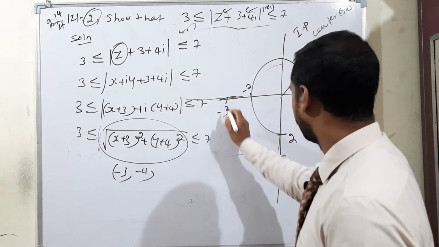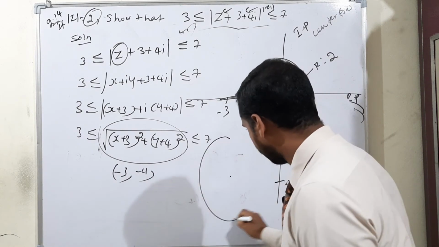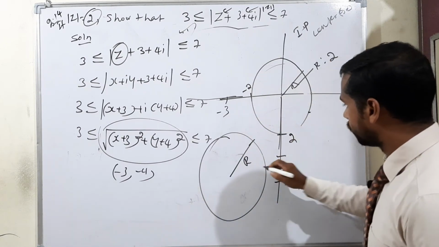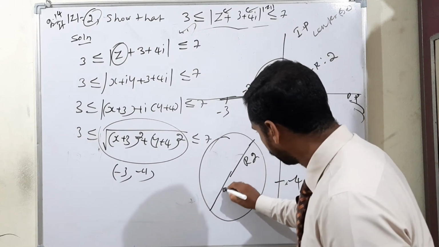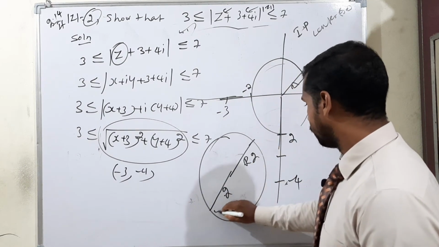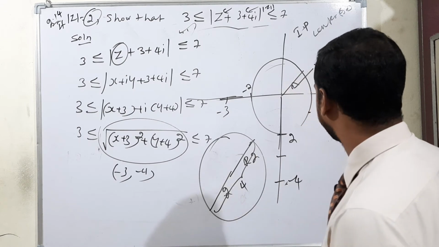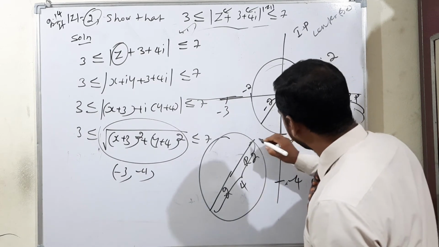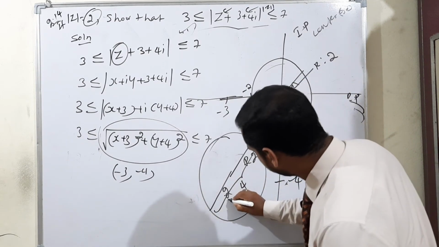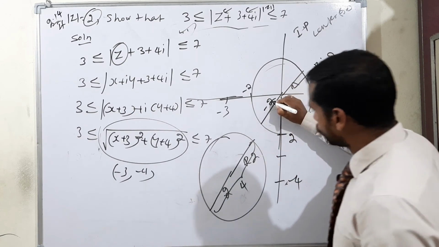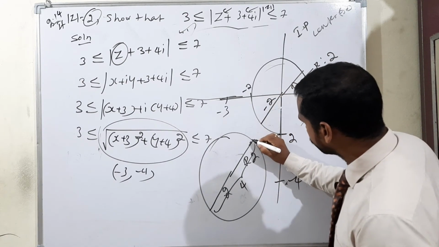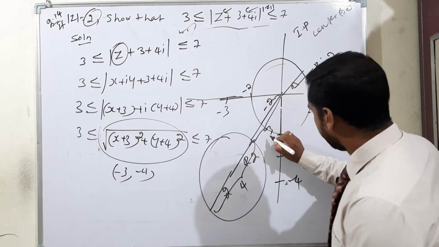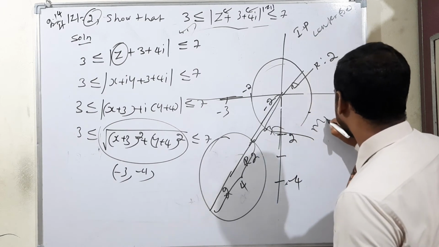If you draw here, this is the radius, which we already found to be 2. Here 2 means the point will come at 2, so 2 plus 2 means the total of the radius point is 4. The maximum point is 2 plus 2 equals 4, and 4 plus 2 is equal to 6. In the distance between them, one point is the maximum. So in total this will be 3, and we can say this is called the minimum distance.